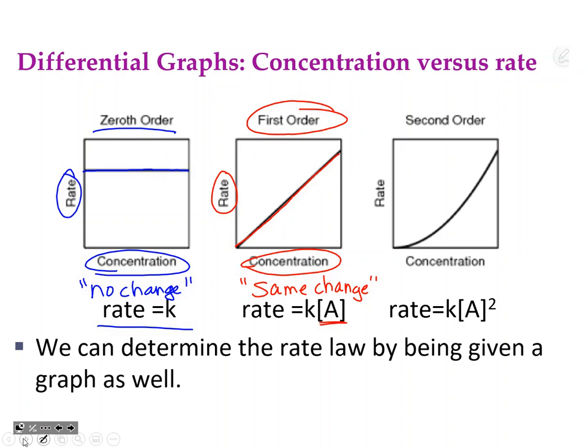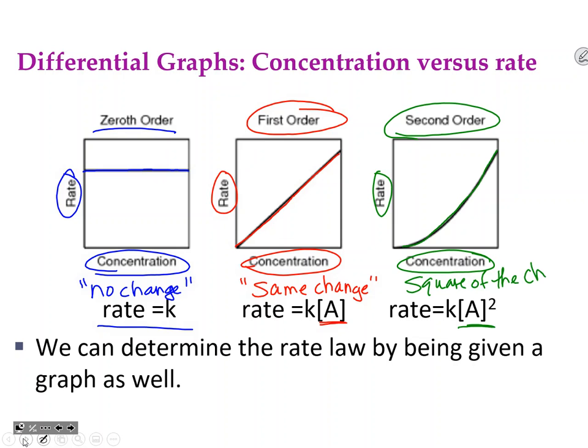Last one, concentration versus rate for second order. So you can see it's more of an exponential type curve, because this is the square of the change. So it's going to be an ever increasing, more like an exponential curve there.